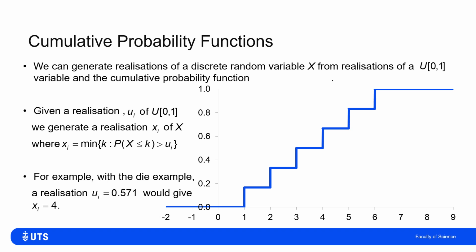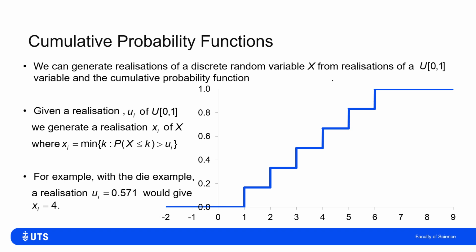But if I think about it, what this actually means is that if I draw a uniform point between 0 and 1, so that's like throwing a dart up the vertical axis such that there's no bias as to where it lands, not towards 0 or towards 1 or towards the middle, it's equally likely to land anywhere between 0 and 1, then I can read off the value on the horizontal axis.